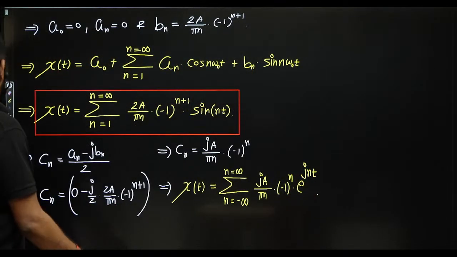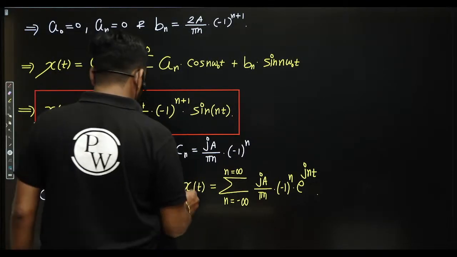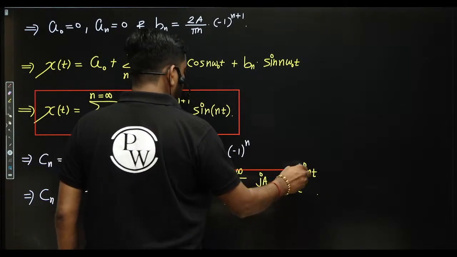So this is the exponential Fourier series representation of the given periodic signal.